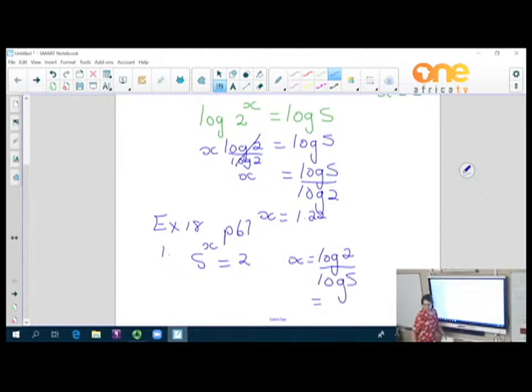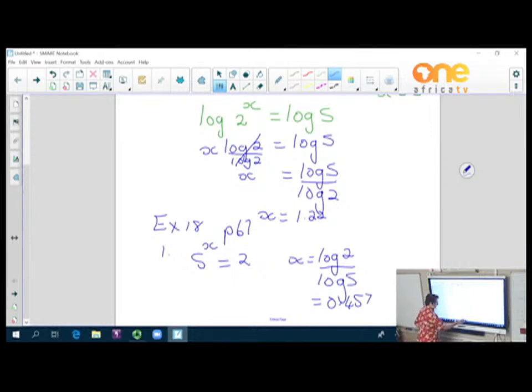Again, you can just do it on your calculator. Log 2 divided by log 5, and I got 0.457. That's what we get there.